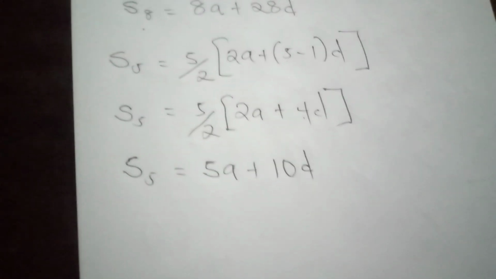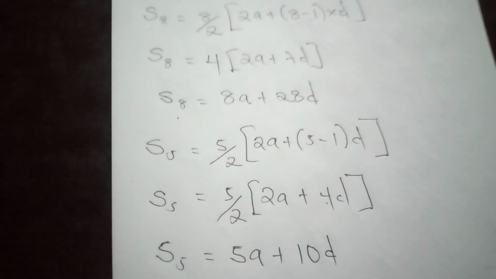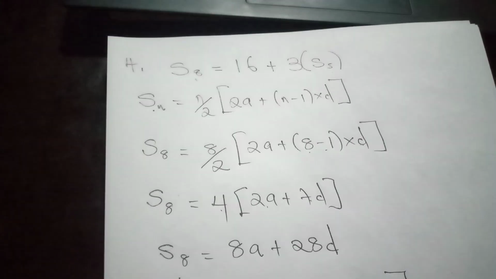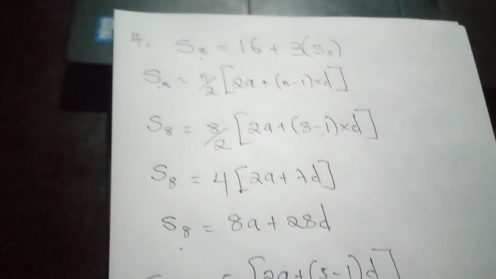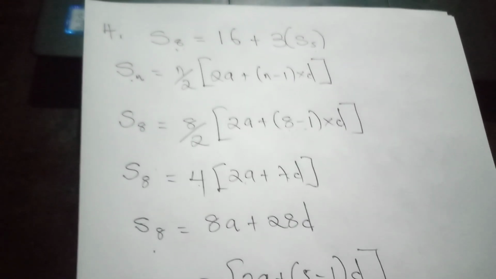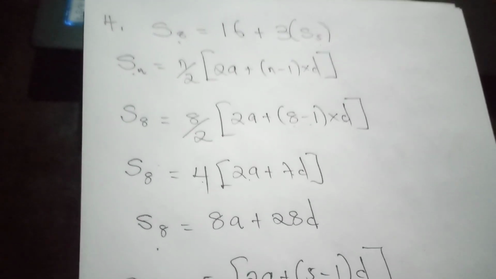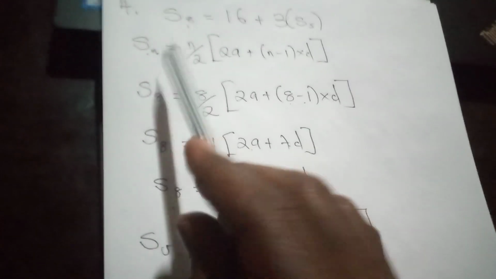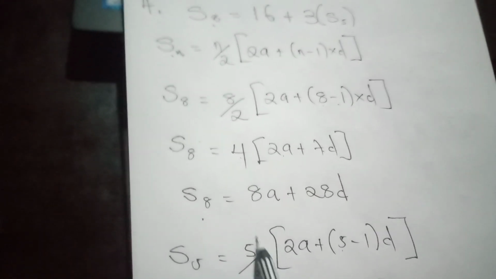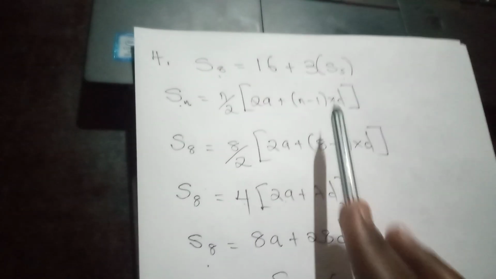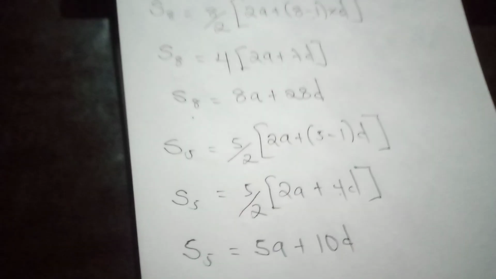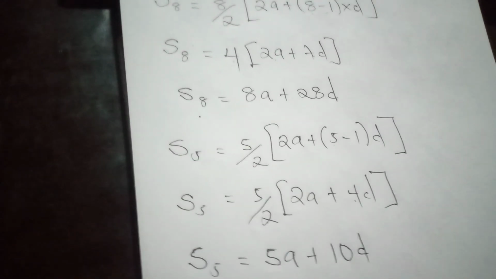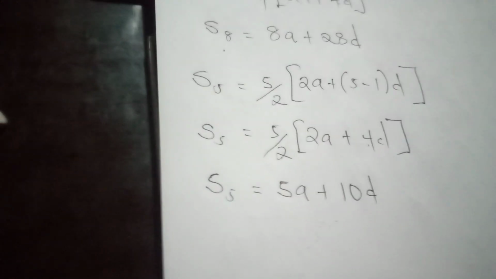Since I've found two equations relating to the expression that I'm having, what I'm going to do is place them in the relationship that I formulated. The sum of 8 terms I've calculated to be this one, and then for that of 5 terms, you see the one there. So it's just a matter of replacing them.